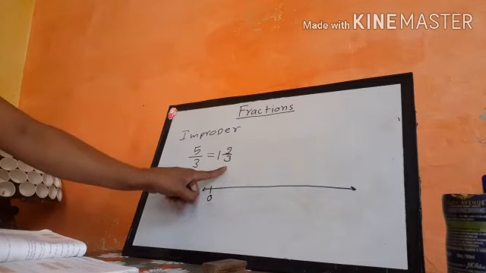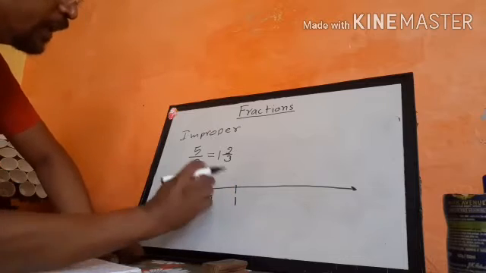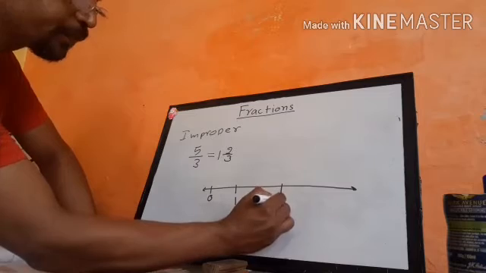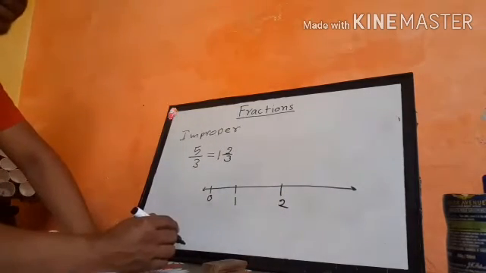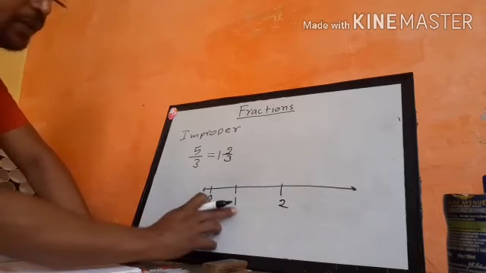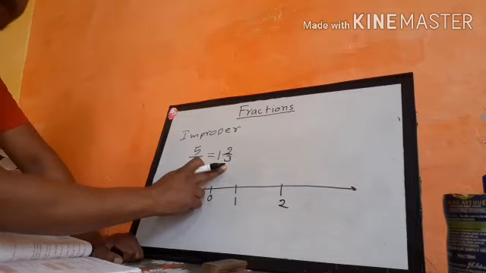Since it is greater than 1, first you will take 1 on your number line and the next number after 1, that is 2. So this part from here to here will represent this one whole number, and 2 upon 3 is the rest.